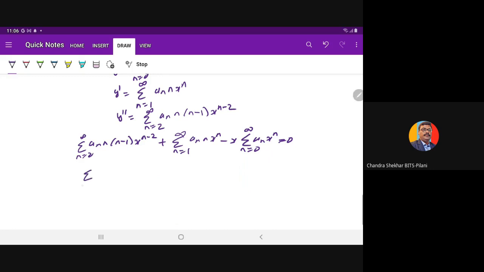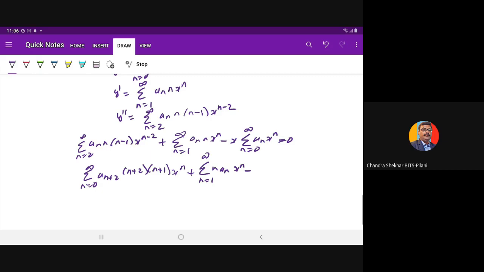So as you put n plus 2, this will become summation n is equal to 0 to infinity a n plus 2 into n plus 2 into n plus 1 x to power n, plus summation. Now here already it is in the x to power n form. So summation n is equal to 1 to infinity n a n x to power n, minus, and this is now x to power n plus 1.